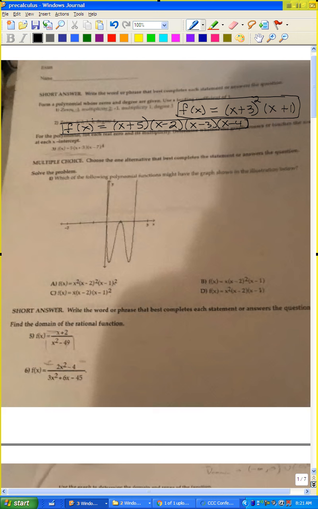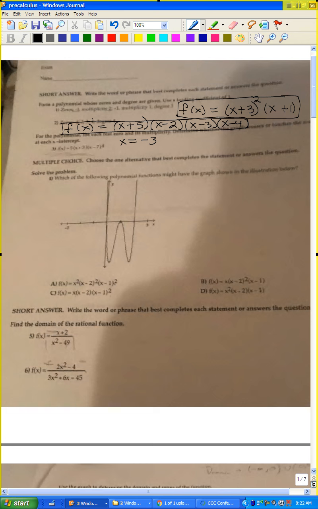For the polynomial, list each real zero and its multiplicity. Determine whether the graph crosses or touches the x-axis at each x-intercept. Okay, so in this case, I have a zero of x equaling -3, since we have a factor of x plus 3 and the exponent of x plus 3 is just 1.